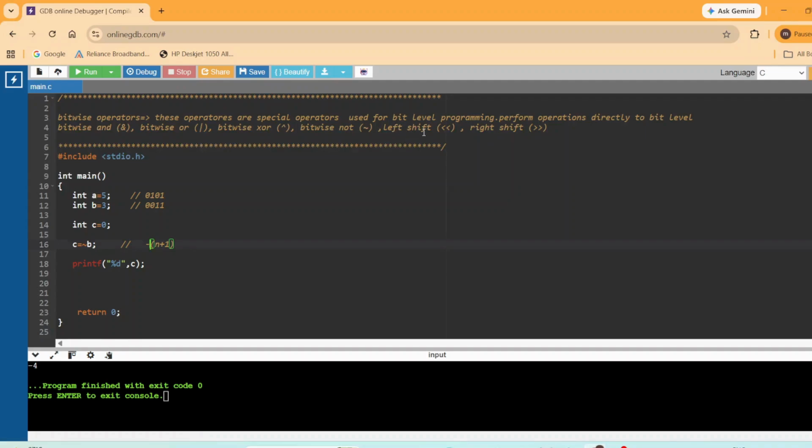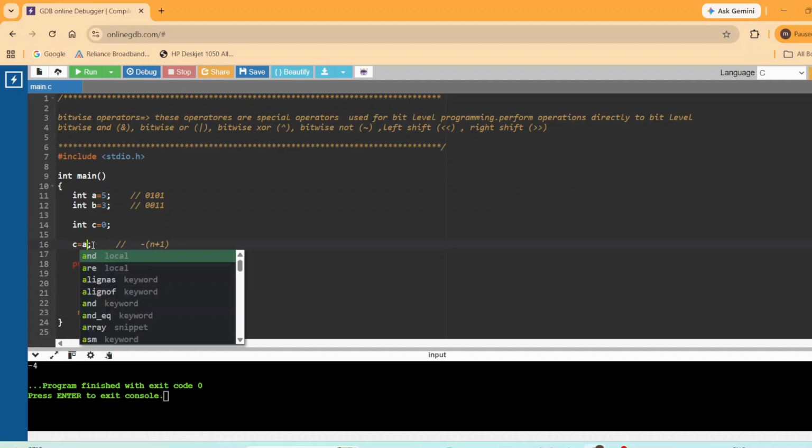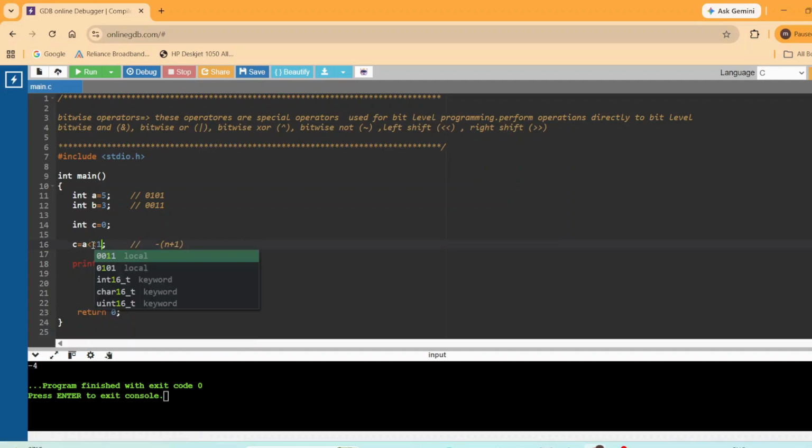Next is the left shift operator. In this case, we can write a left shift 1. So a is equal to 0, 1, 0, 1, right?